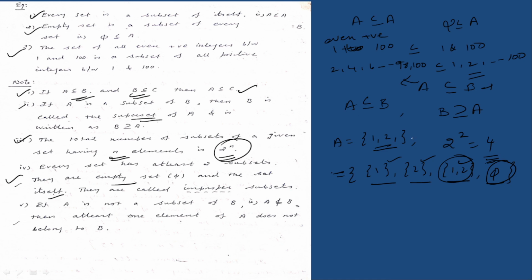One is the set itself, the other is the empty set. Based on the elements we can segregate further, and these 2 subsets we name the improper subsets.